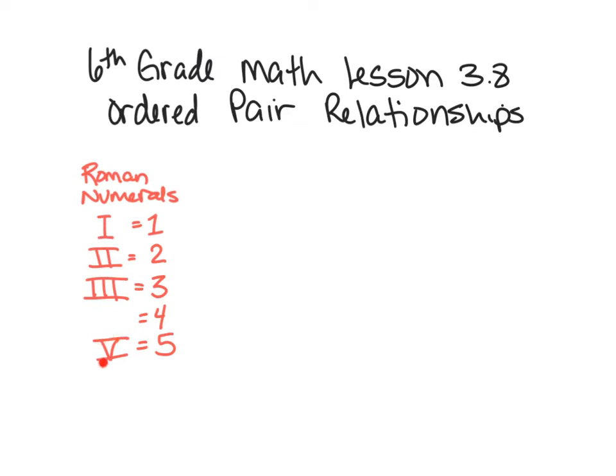So if V represents 5, then 1 in front of V, or 1 before 5, is 4. And these are the ones we need to know for our quadrants in case you're curious.